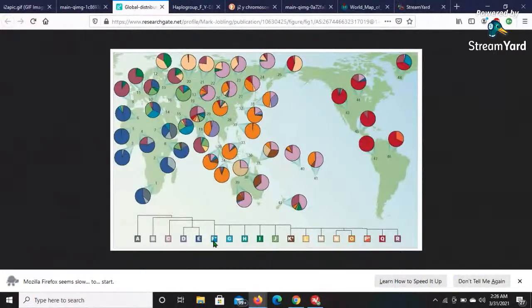You can't tell what letter it is. This is G, H, F, G, or H. It's probably all three, F, G, and H, which is all Semitic, but it's all mixed up.